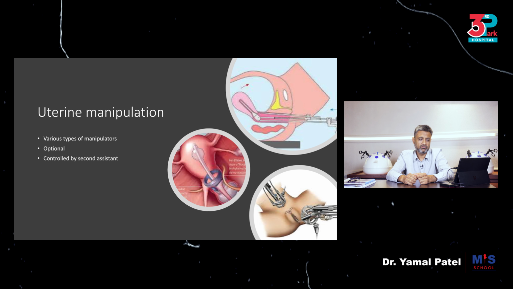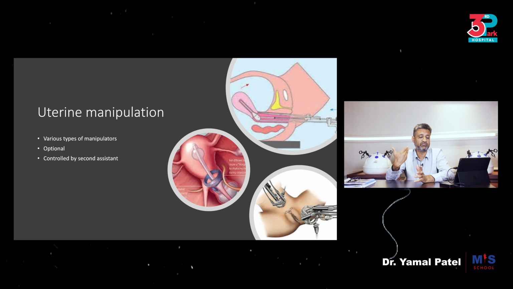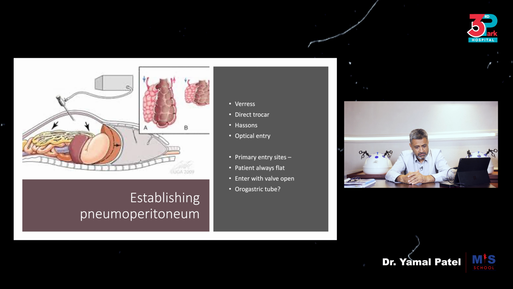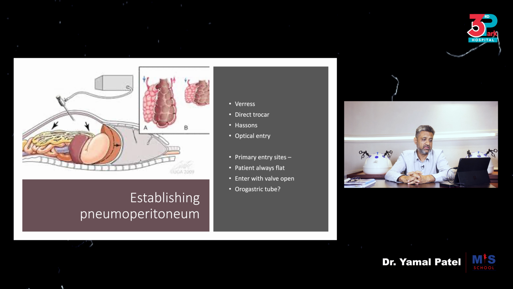It is optional though, and many times controlled by the second assistant or by the surgeon or first assistant himself if it's from above. You then establish the pneumoperitoneum, which can be done by any of the entry techniques, the Veress, the direct trocar entry, the optical entry, or the Hasson's entry, depending on the clinical need at the time.